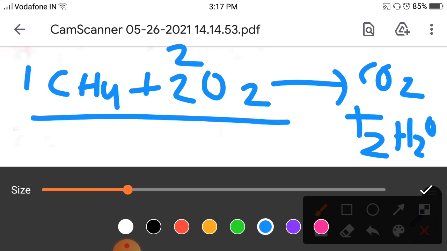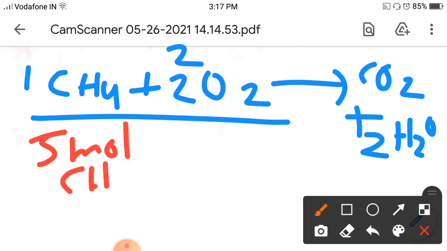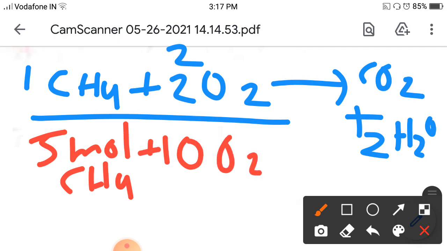So for 5 moles of CH4, 10 moles of O2 are needed to get the product. For 1 mole, 2 moles of oxygen; then for 5 moles, it is 5 into 2, the double amount of oxygen, that is needed.